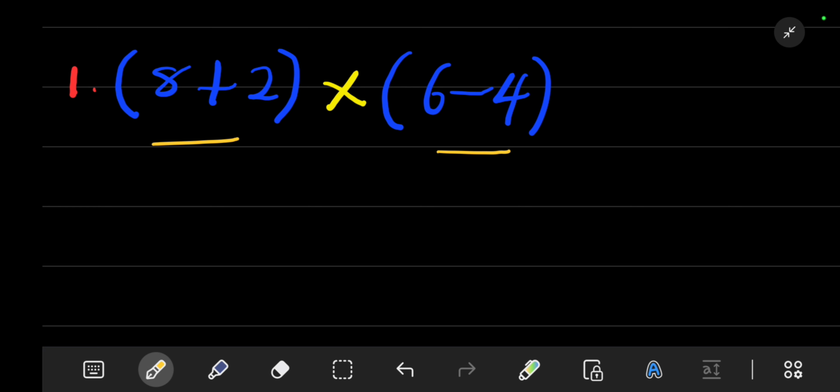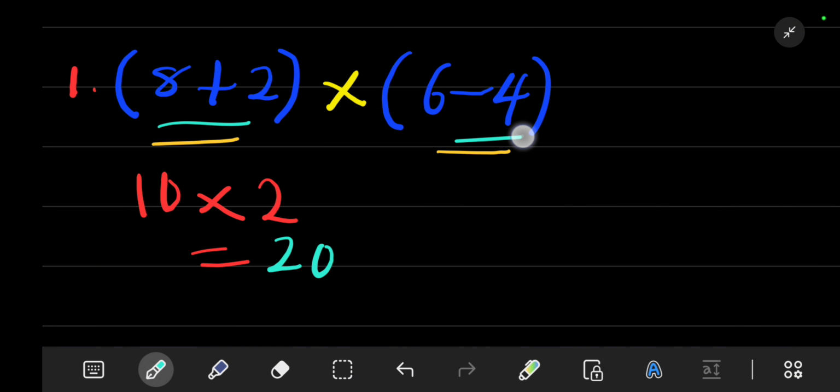We have 8 plus 2 and 6 minus 4. 8 plus 2, that is 10, multiplied by 6 minus 4, that is 2, and therefore 10 multiplied by 2 equals 20, and this is your final answer. So we solve all that is in the parentheses, then we multiply them together to give the result.